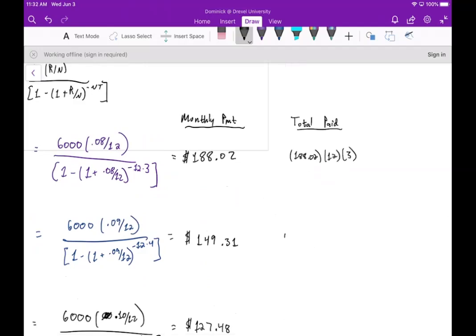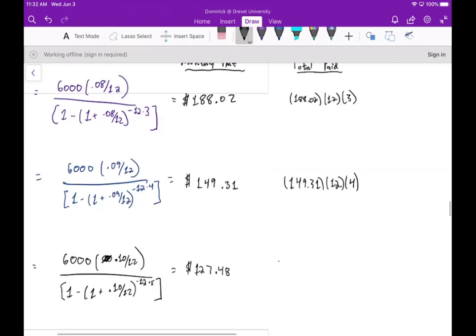And this one would be 149.31 times 12 for 4 years, and this one would be 127.48 times 12 for 5 years. And that will give us the total paid for each of these.